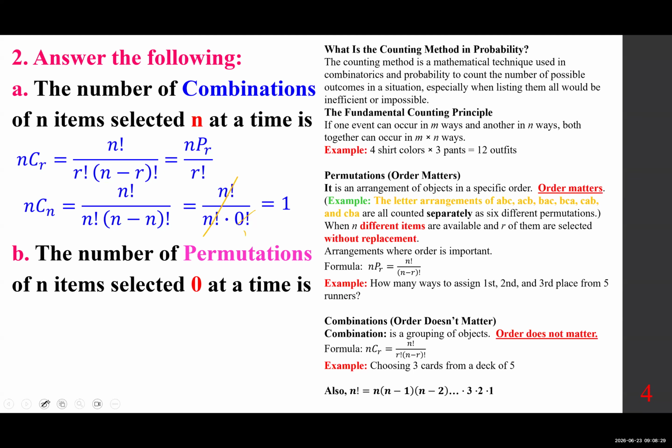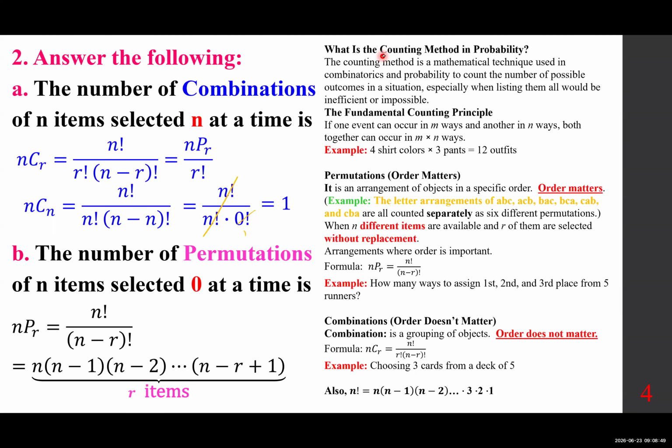So the combination of any number, if n and r are identical or the same, is equal to 1. So C(5,5), C(7,7), for example. The number of permutations of n items selected 0 at a time. We plug in. That's the meaning of it.